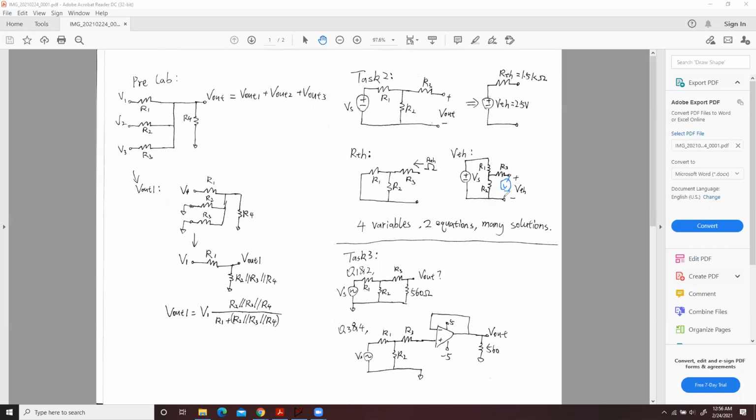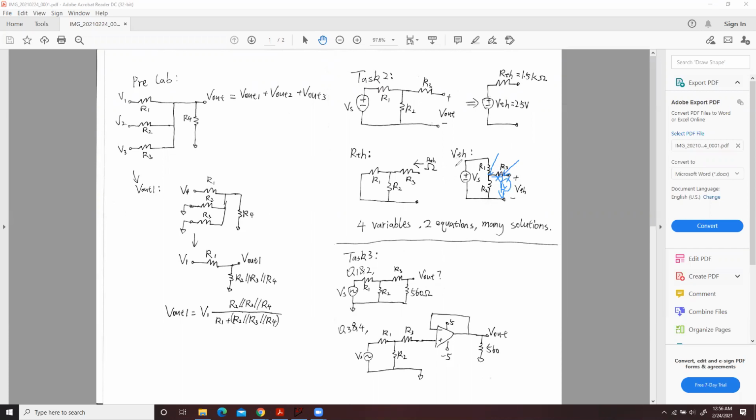And remember, a voltmeter has a very large resistance, which means there will be no current going through this branch. Okay, no current, which means the voltage at this point will be the same as the voltage at this point because there is no current going through R3.